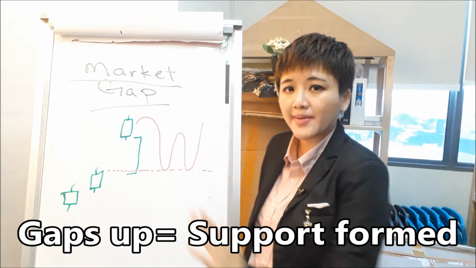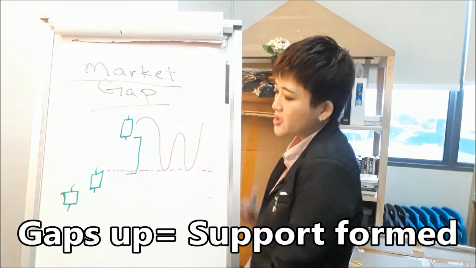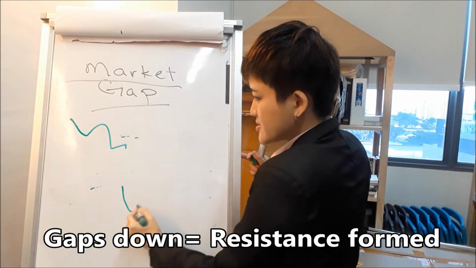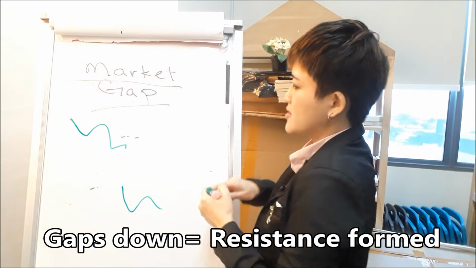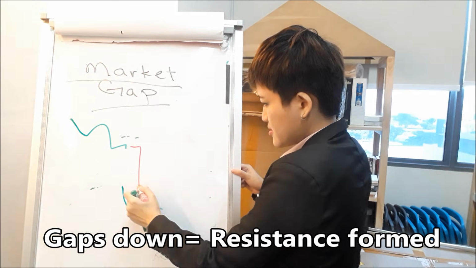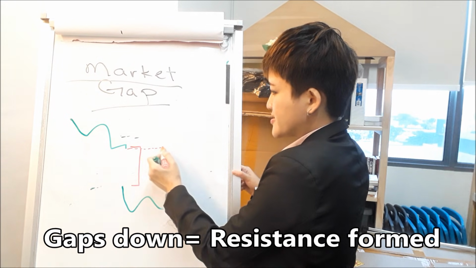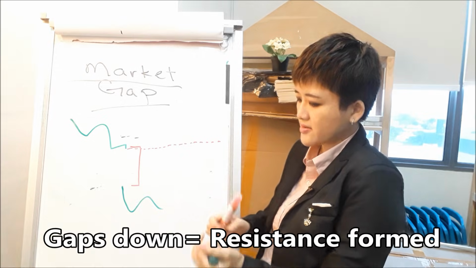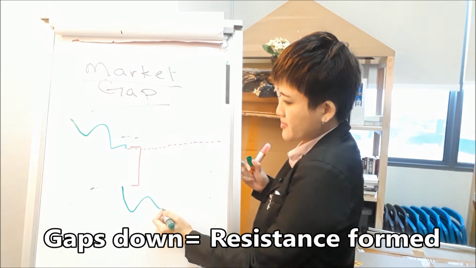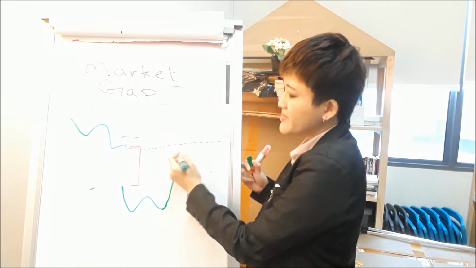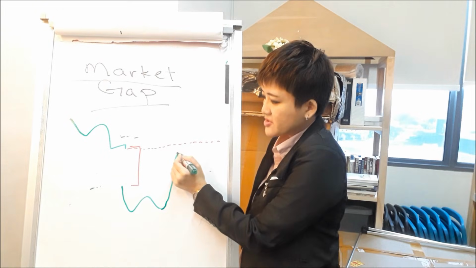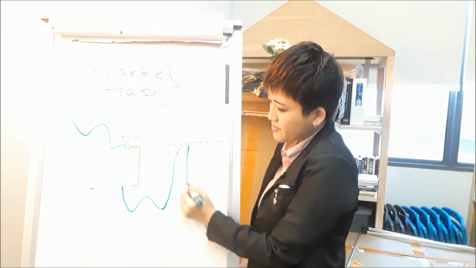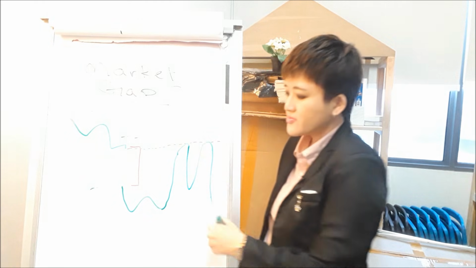If the market gaps up, it's going to form a support, but if the market gaps downwards, producing a gap over here, it's going to form a potential resistance. You'll see that price will often come back up and fill the gap. Sometimes it wouldn't fill. Most of the time it's going to come up and fill the gap. This might be a potential trade too, and bounce off from resistance.